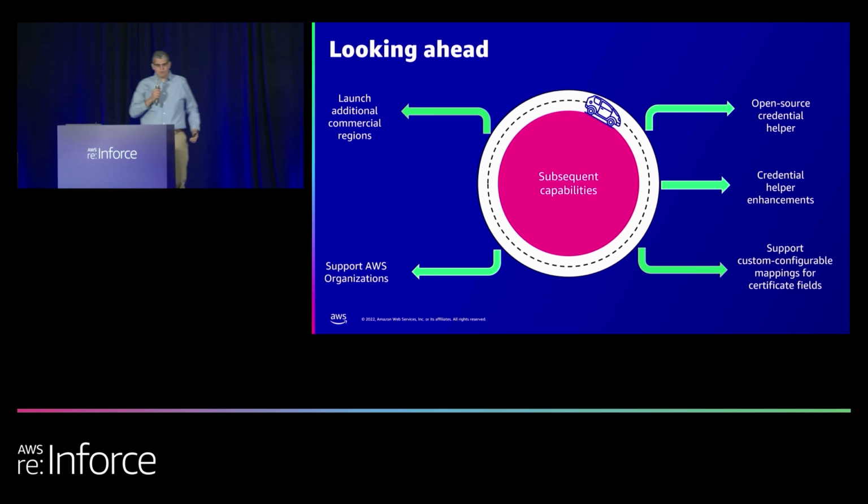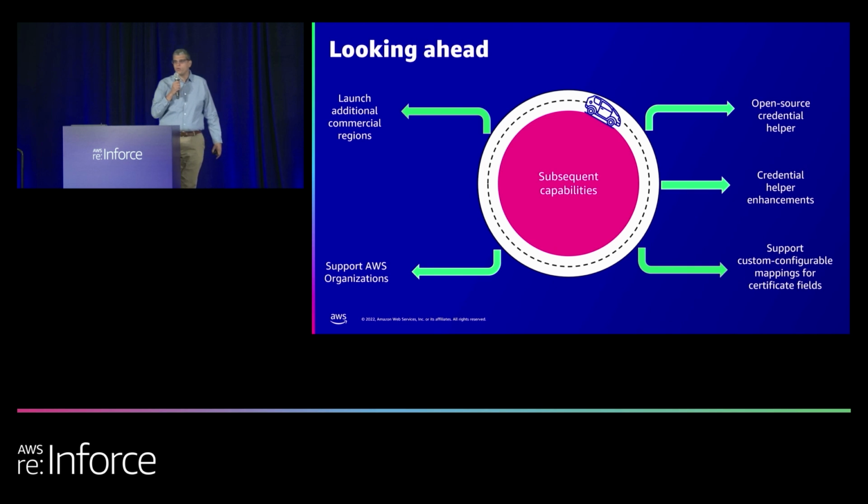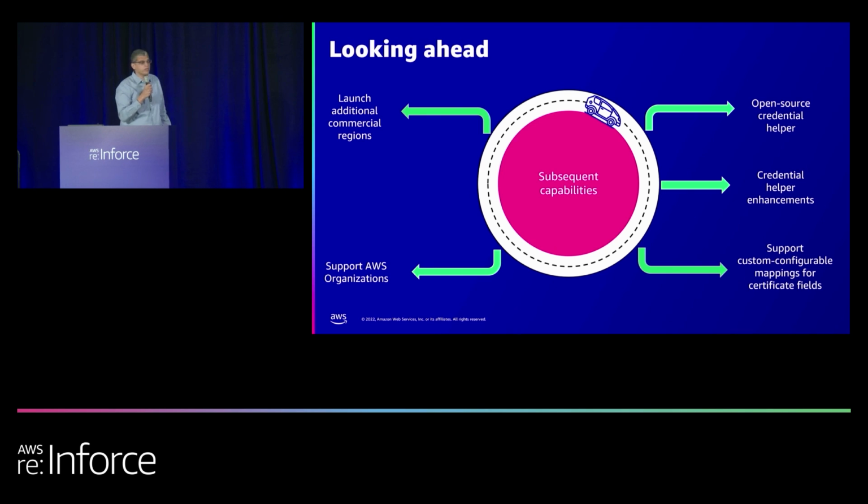Thank you. So we are looking ahead, and we are working on extending the capabilities of IAM Roles Anywhere based on the feedback that we received from our customers. So in the upcoming weeks, we'll be open sourcing the Credential Helper, where it will be onboarded on GitHub, and you will have visibility on the code as well as the authentication method that is being used by IAM Roles Anywhere, and the API used underneath to obtain the temporary credential.